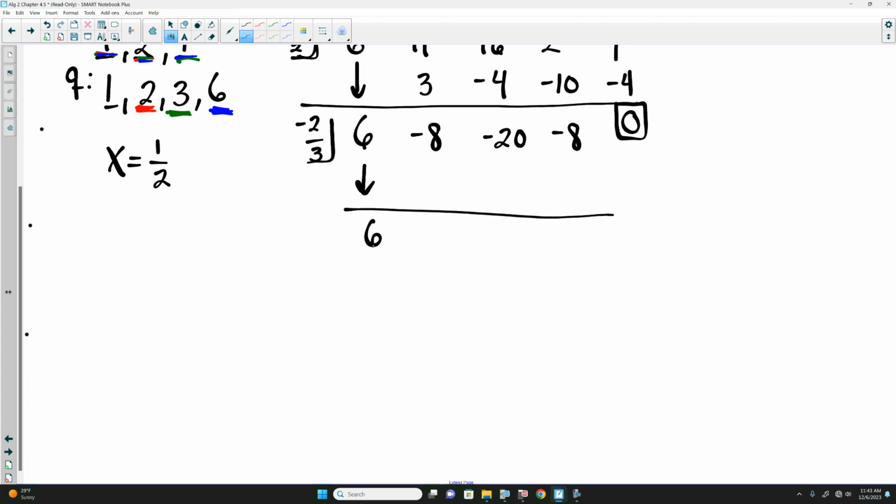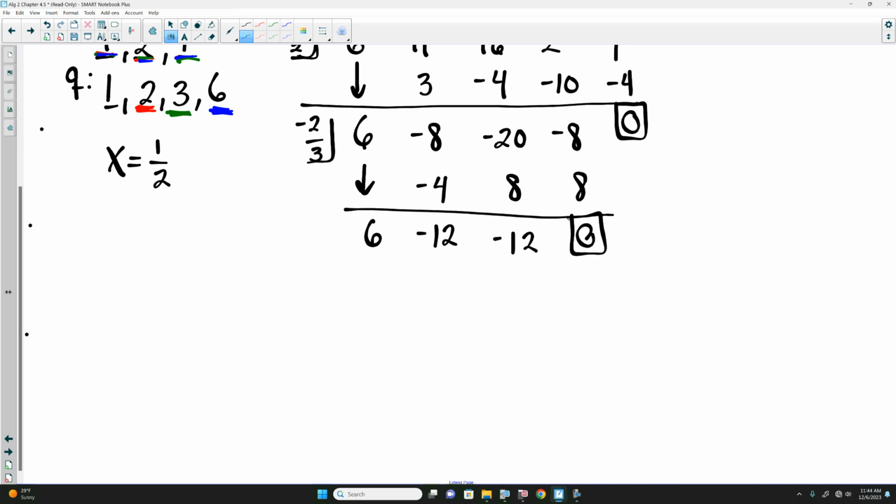Negative 2/3 times 6 is going to be negative 4. Negative 8 plus negative 4 is negative 12. Negative 2/3 times negative 12 is going to be 8. Negative 20 plus 8 is negative 12, which gives us 8 again, which is 0.